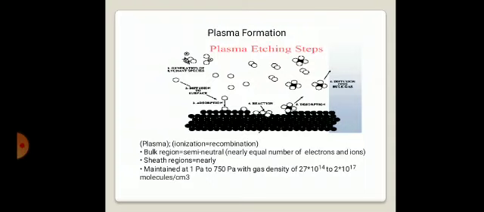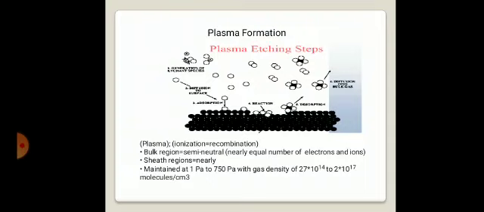The plasma discharge is characterized by the central glow or bulk region and the dark sheath region near the electrodes. The bulk region is semi-neutral and the sheath region is where the potential drop occurs.